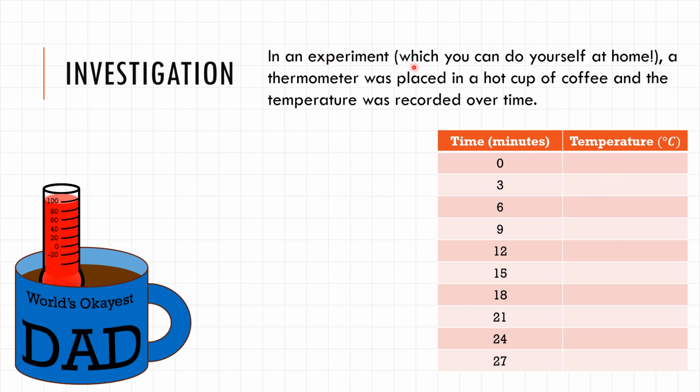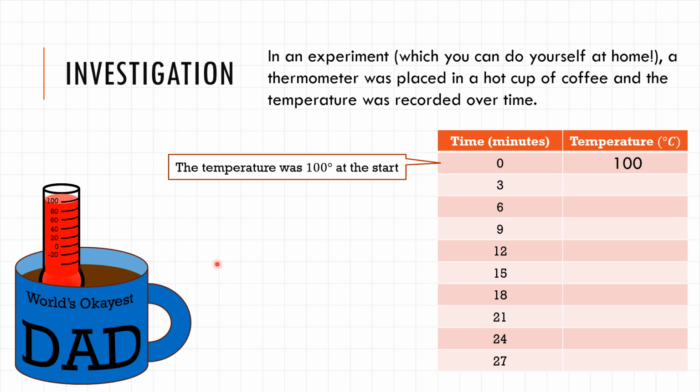At the start, the temperature of the cup of coffee was 100 degrees Celsius. And you can record this every 3 minutes, and hopefully it should take you exactly 27 minutes to complete this experiment.